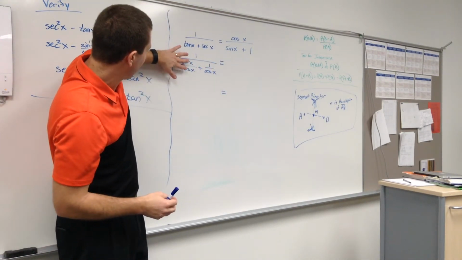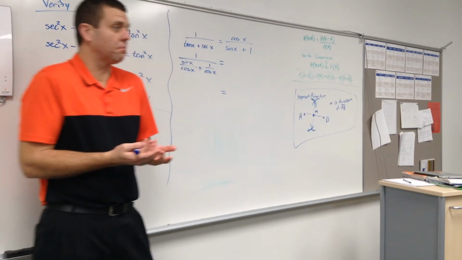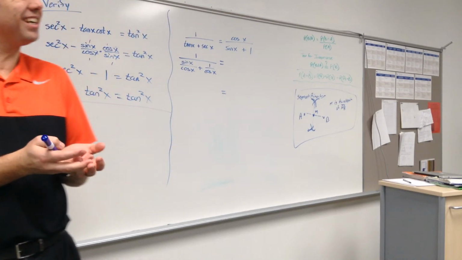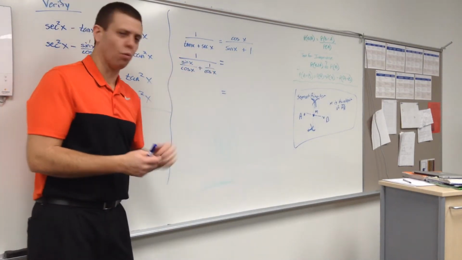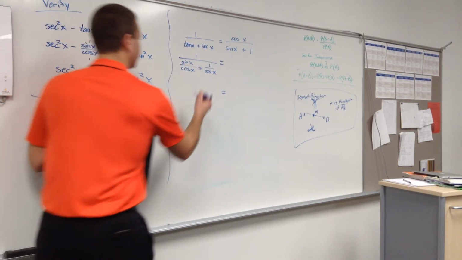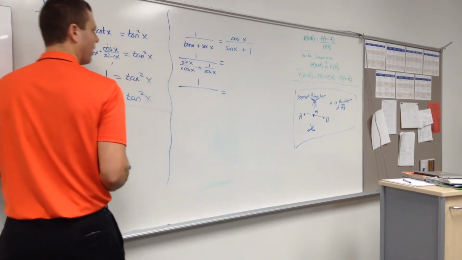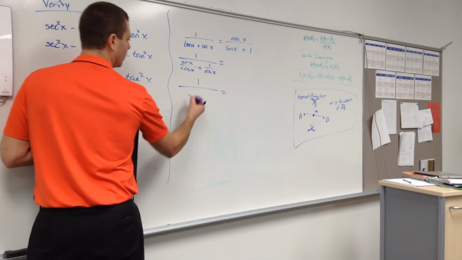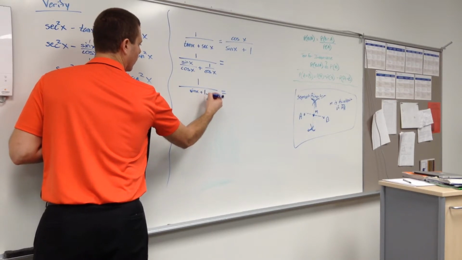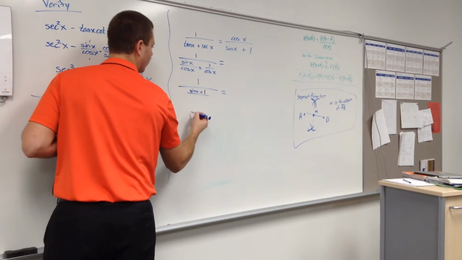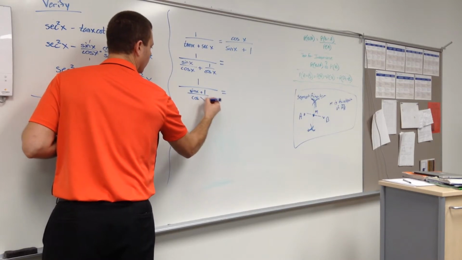On the bottom, I have a fraction plus a fraction. Let's add them together. And you're lucky here, they already have a common denominator. Sine over cosine plus 1 over cosine would actually equal what fraction? Sine x plus 1 all over cosine.